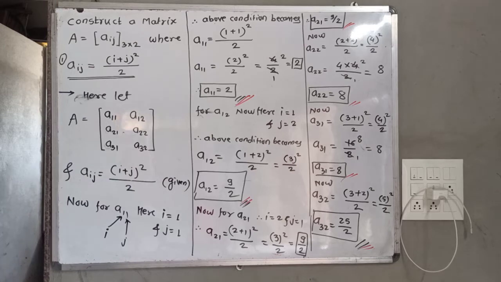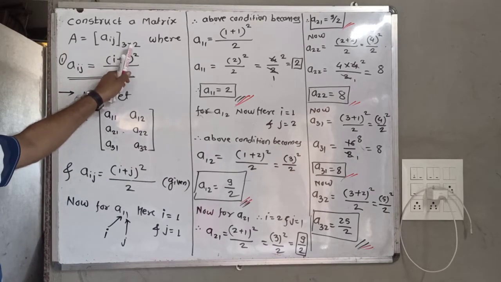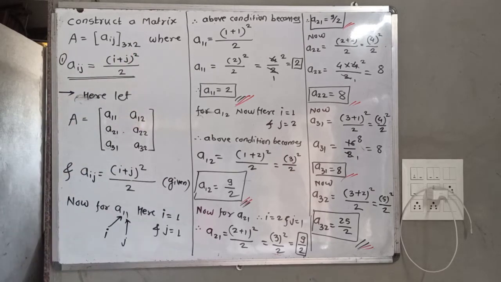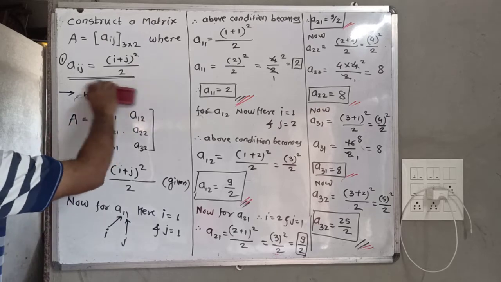Therefore, we are going to construct this unknown 3 by 2 matrix. Just take a screenshot. Is it clear? Now I am going to rub this side, only this side.